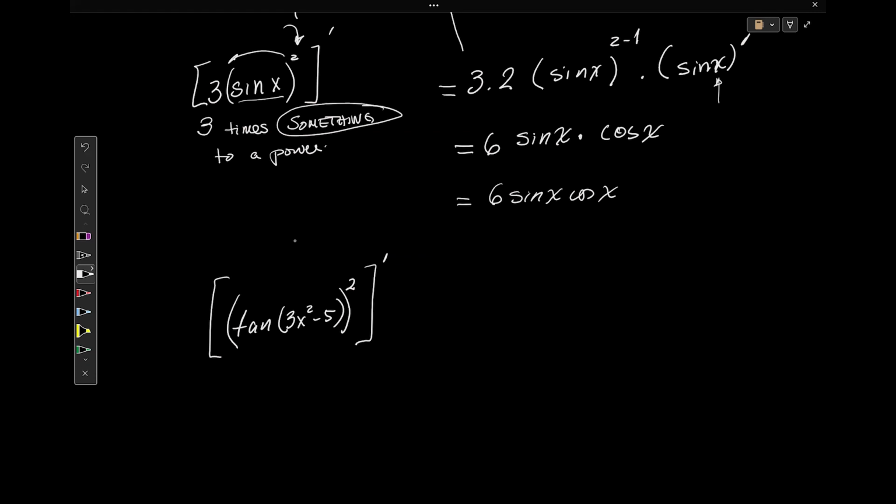I should not worry about the tangent. I should say to myself, again, I have something right here to a power. Power rule, which says drop the power, take that something to 1 less power, so 2 minus 1, times the derivative of that something.